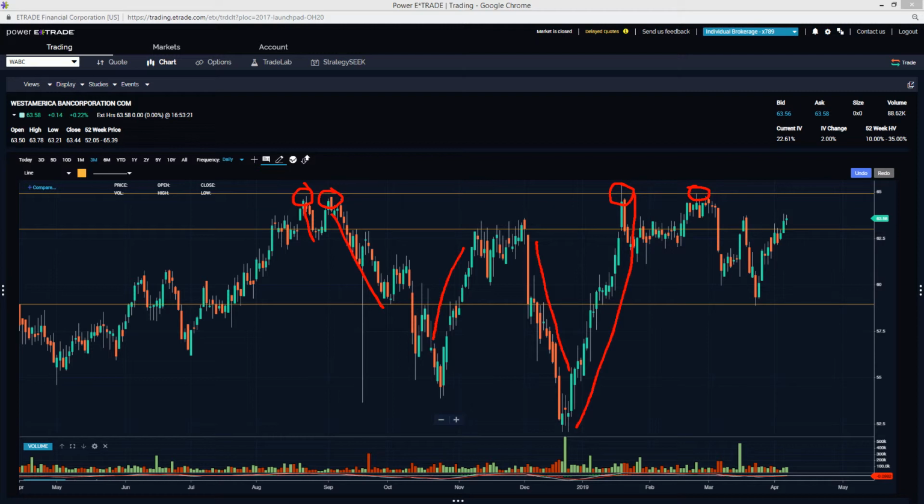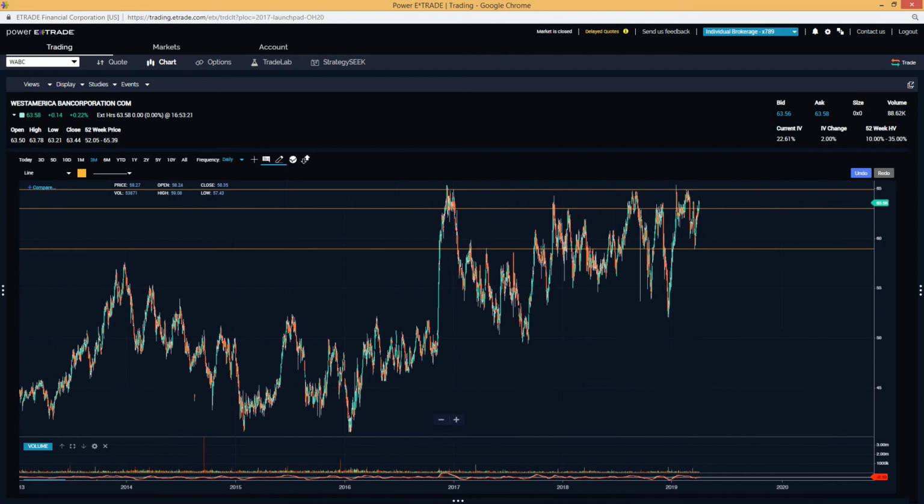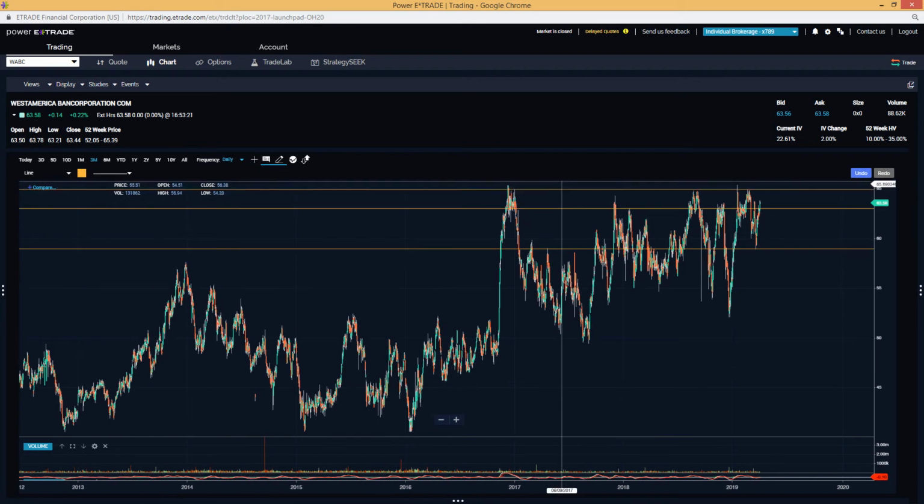So we went in at around 65, and not 4 days later, it went all the way back down to 60. So again, whenever it approaches that resistance, you want to get in at the top and set a stop loss. That way it minimizes your risk. For this stock, WABC, we wanted to minimize our risk, so we went with the $65 mark, and for our stop loss, we went a little bit above where this line is.